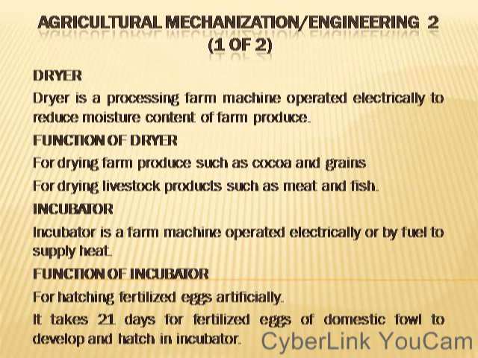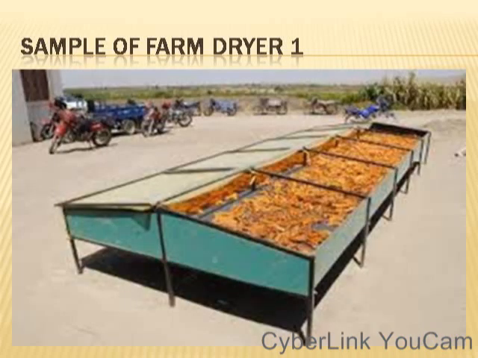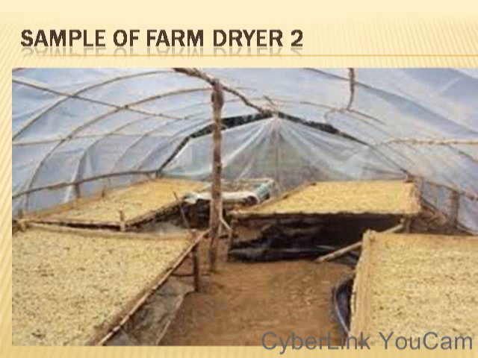Okay, but before we begin our explanation, let me show you the sample of a farm dryer machine. So this very machine is used for drying farm produce. Okay, another dryer is this very one. It's also used for drying farm produce. It's just a sample.